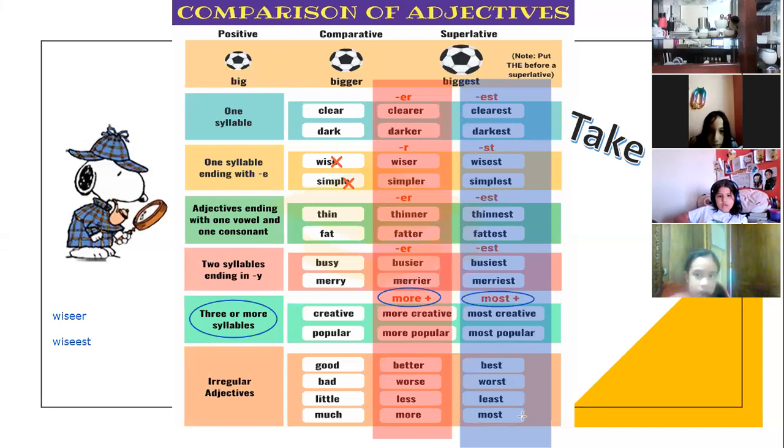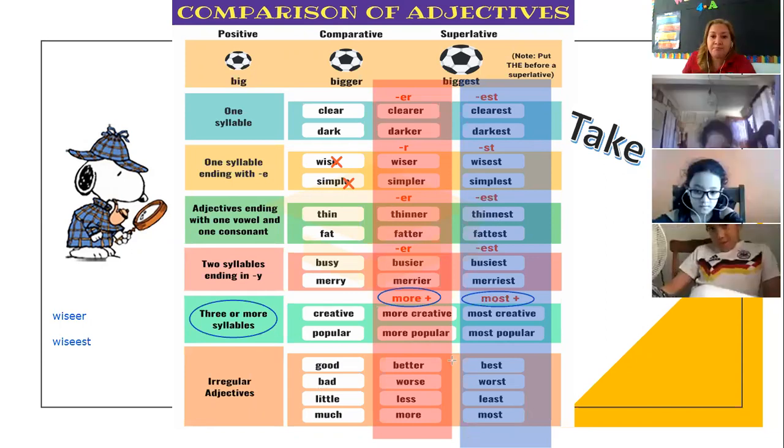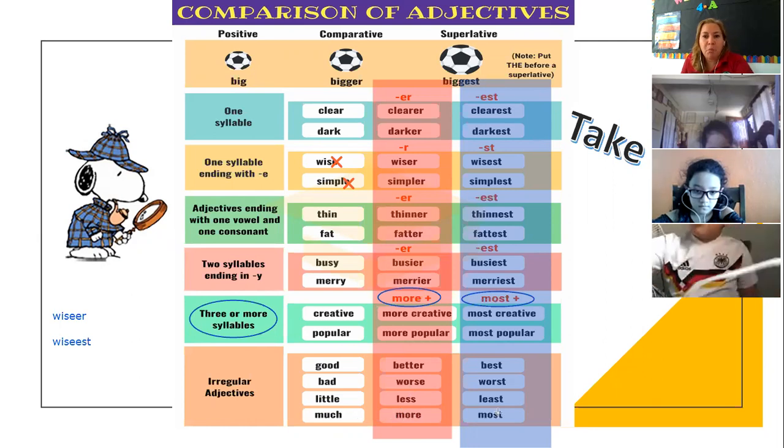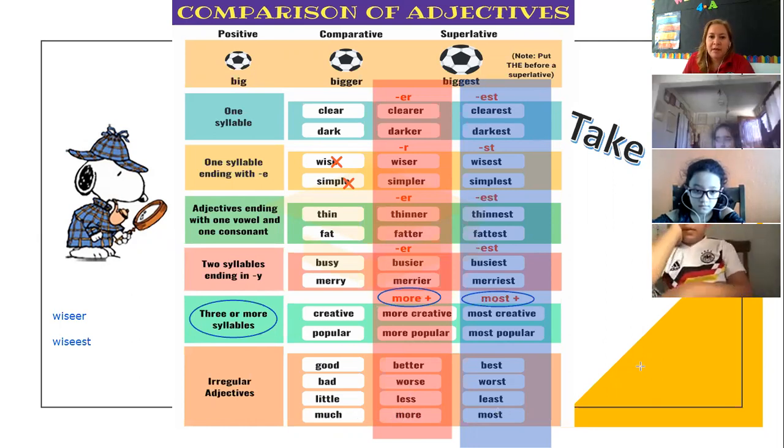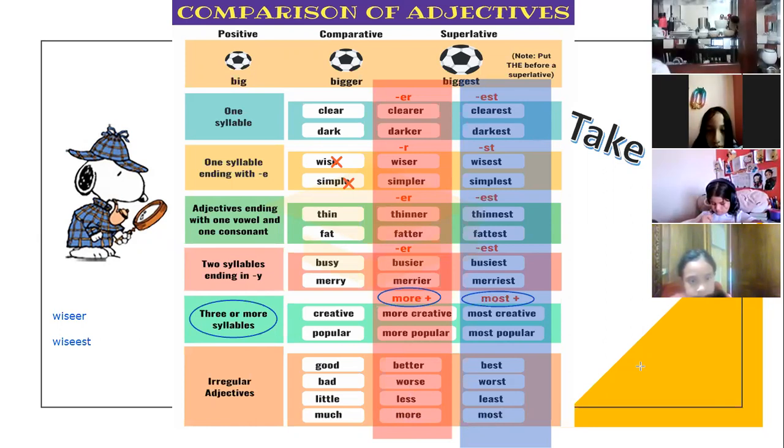La clase que menos les gusta. Your least favorite class. Or what is your most favorite class? Reading, okay. These ones are irregular adjectives. We have much, more, most. I like it the most, porque fue lo que más me gustó.